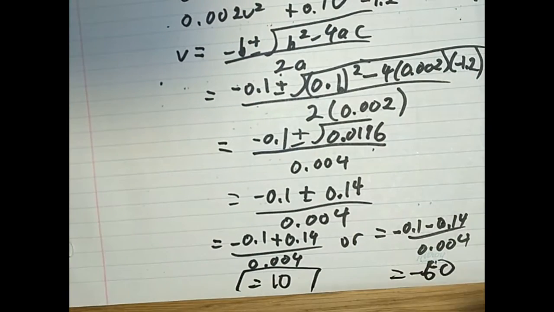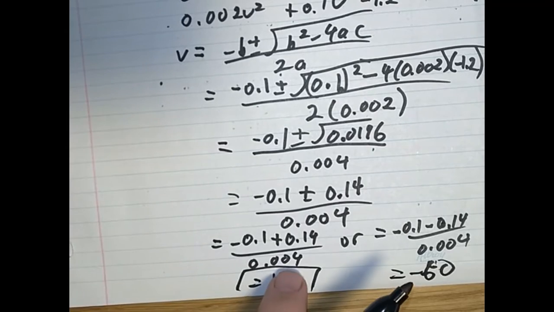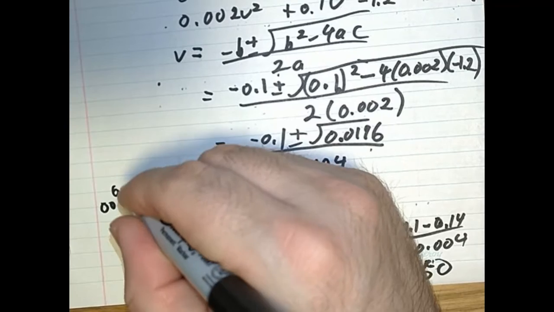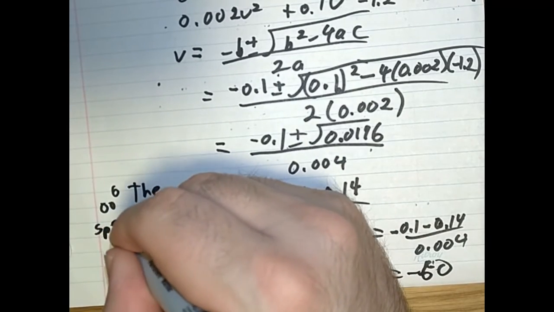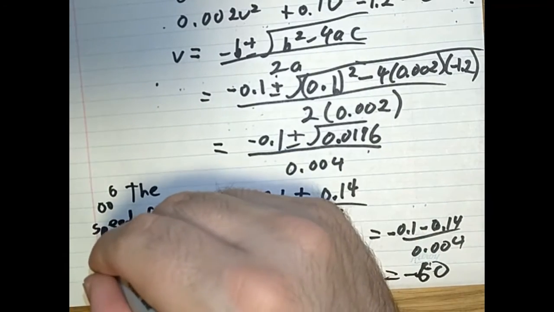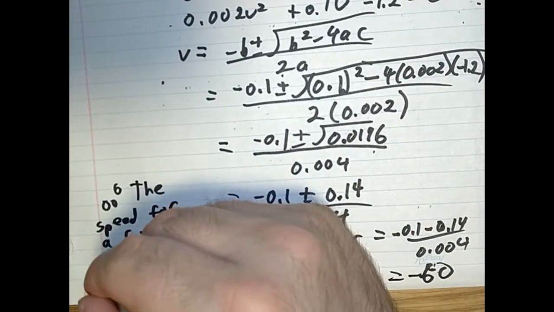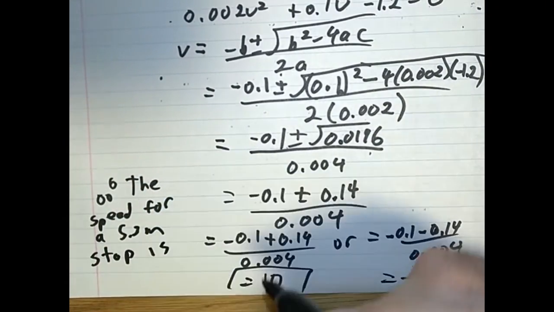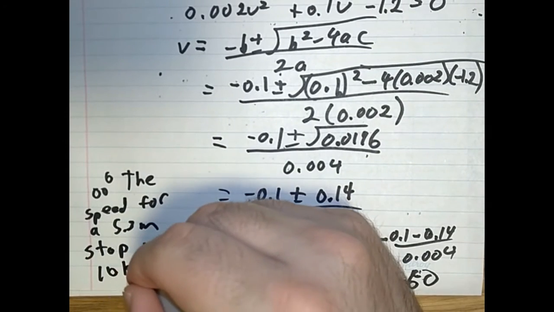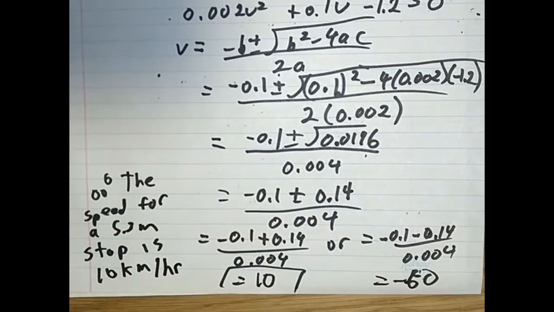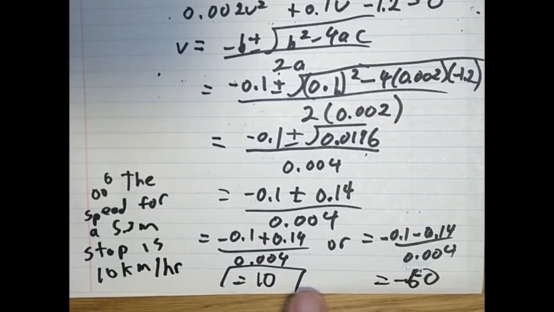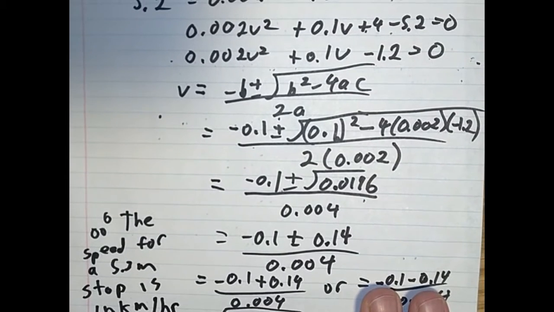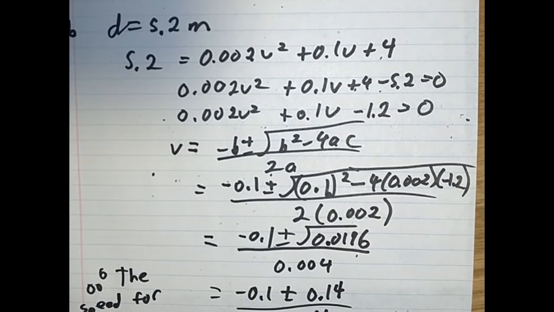You can't stop at negative 60. So our speed for that stopping distance is 10 kilometers per hour. So the speed for a 5.2 meter stop is 10 kilometers per hour. The speed in order to stop 5.2 meters is what we put in initially up here in the question.